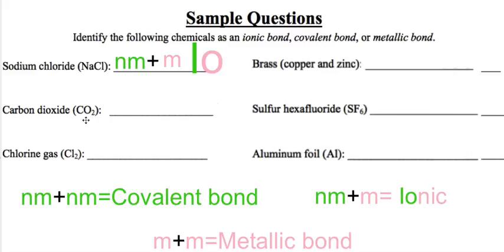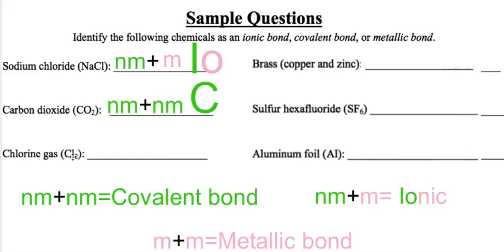All right, go to carbon dioxide, which is carbon and oxygen. Find those on the periodic table and come back and check again. Both are nonmetals. If you have two nonmetals, that would form a covalent bond. All right, now you have chlorine gas.